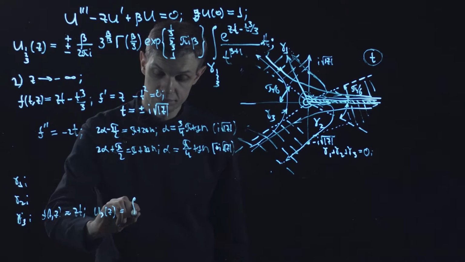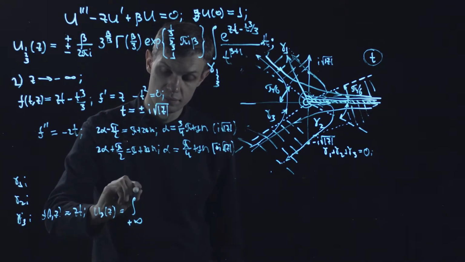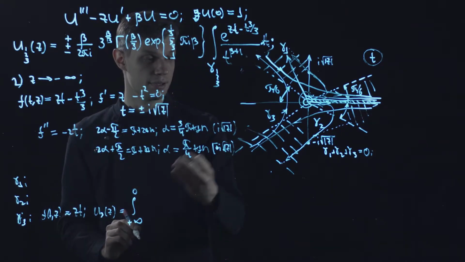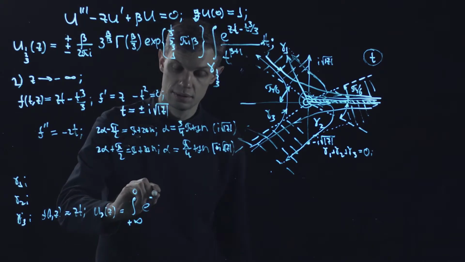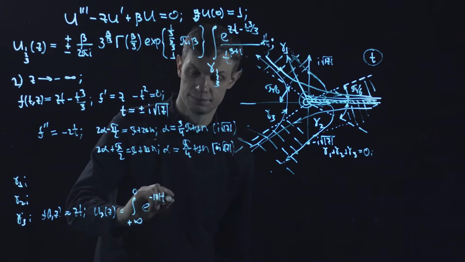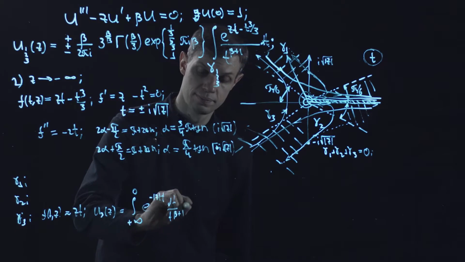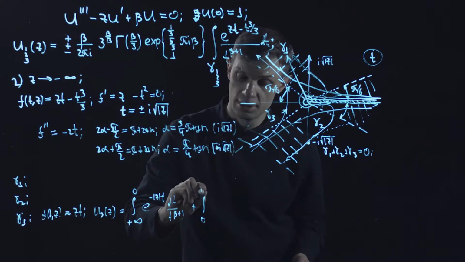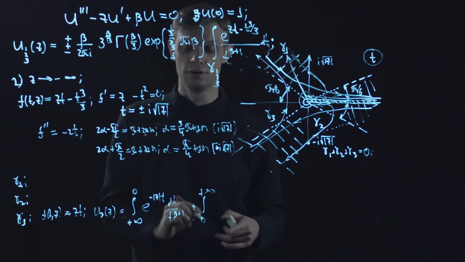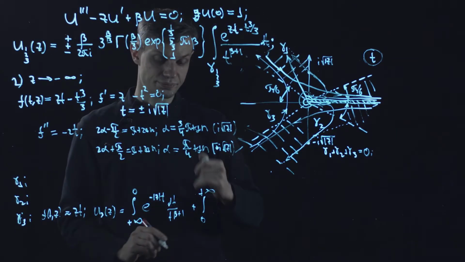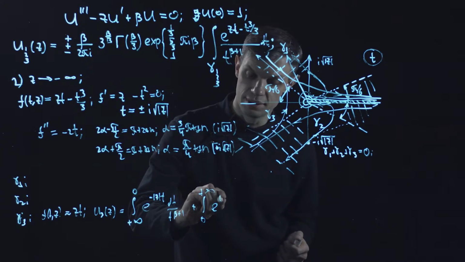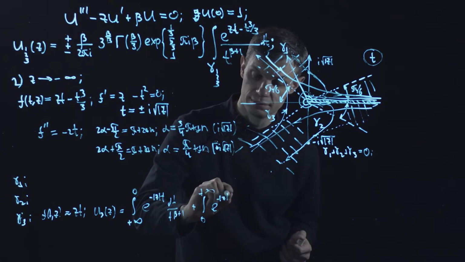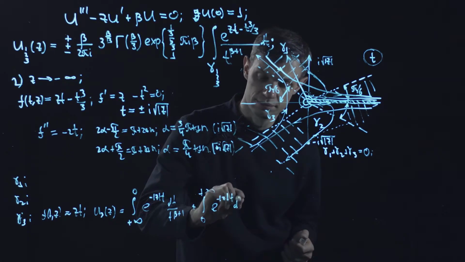So this contribution comes from the lower bank. And from the upper bank, we have an identical contribution, but with a different value of this t to the beta function.